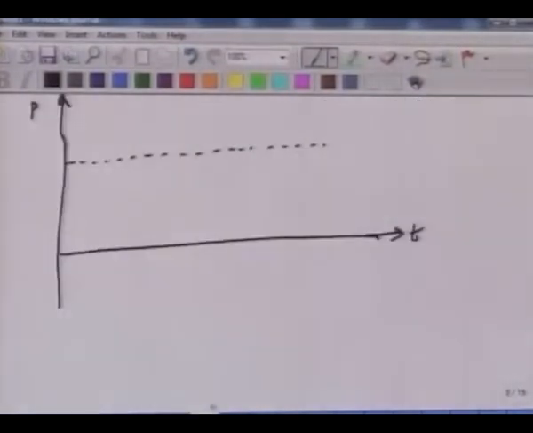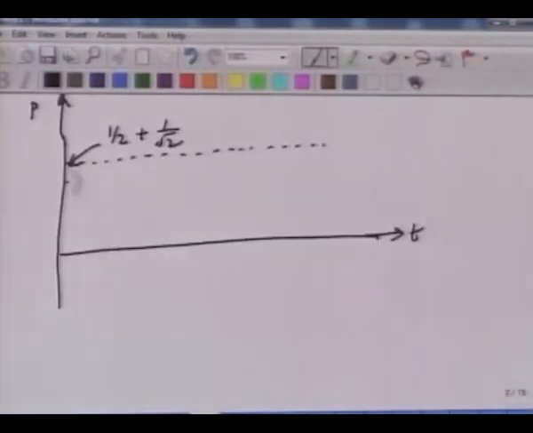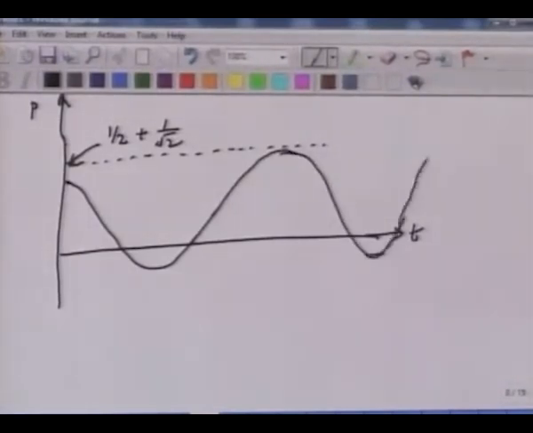Now at t equals 0, the value will be half plus 1 over square root of 2 cosine pi over 4, so half plus half, that is 1. So at time t equals 0, this is there, and then my power cycle will look something like this, and so on and so forth.